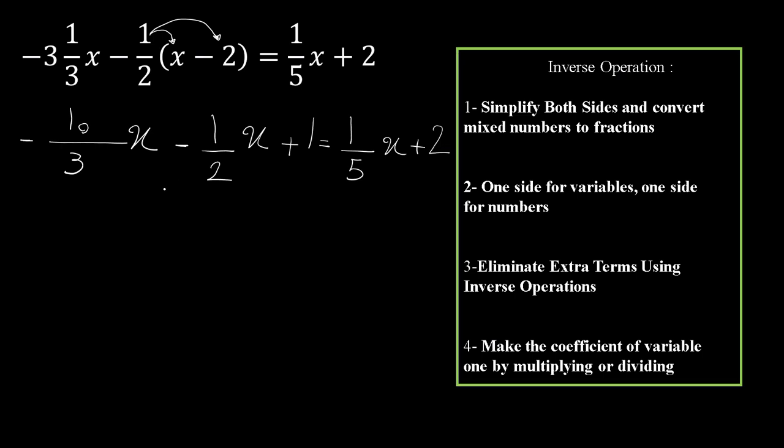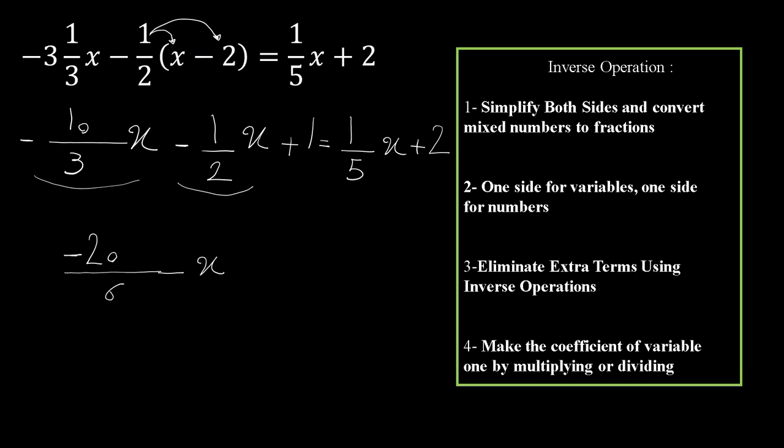Okay, can I simplify each side more? Of course, why? Because in this side I have two terms that contain x. So let's add them together. We need common denominator. And as you probably know, the common denominator between 3 and 2 will be 6. And we have x, of course, here, because x is common between them. So 3 is multiplied by 2. So 10 times 2 will be 20. And we have negative sign here. So minus 20. The 2 is multiplied by 3.